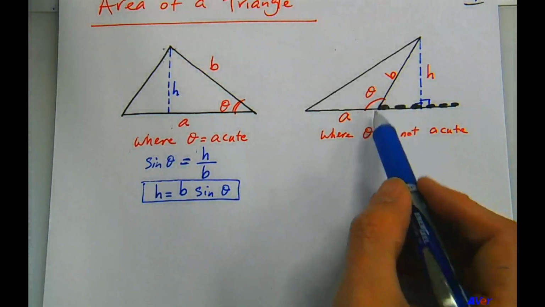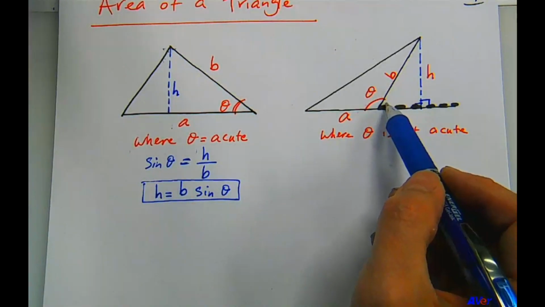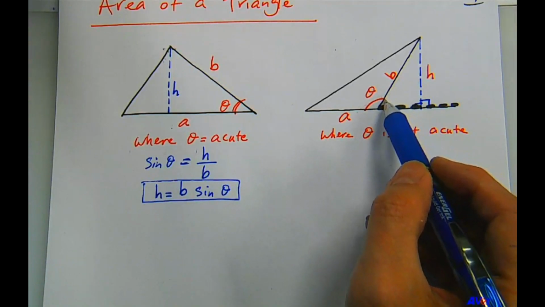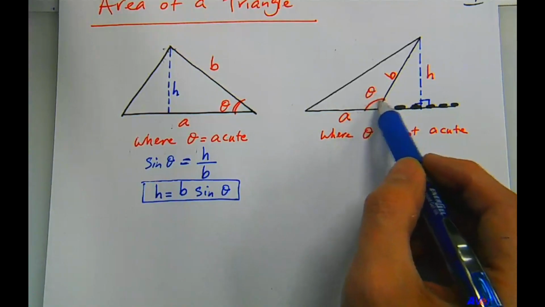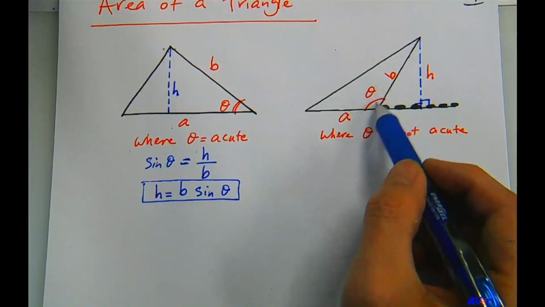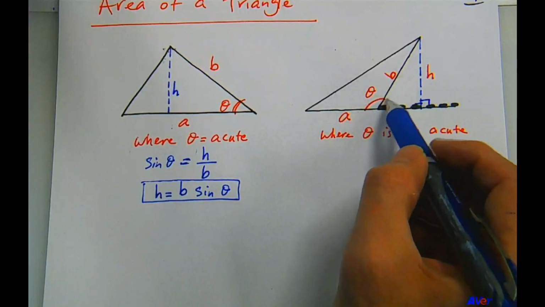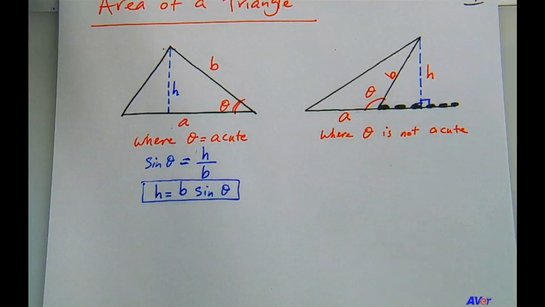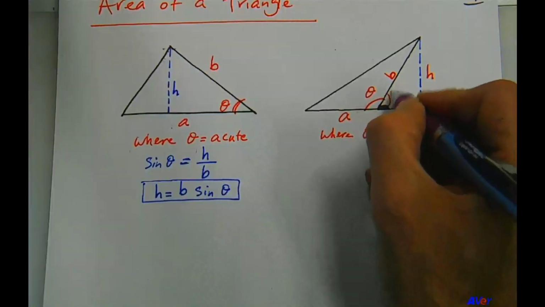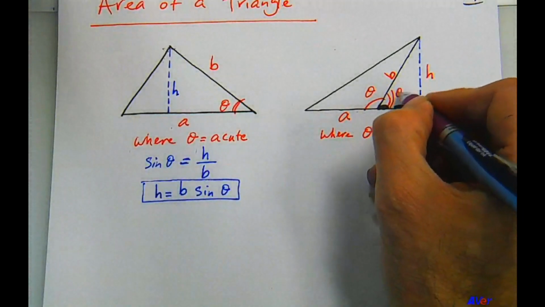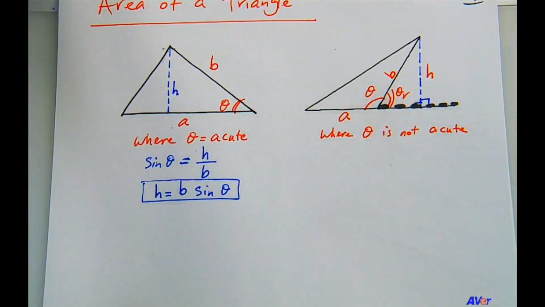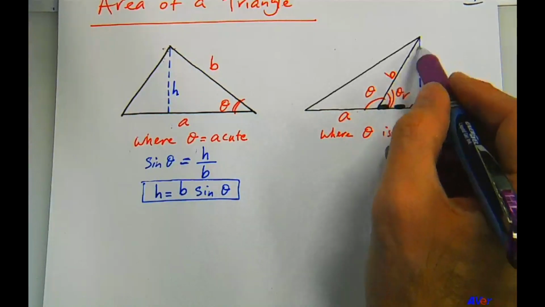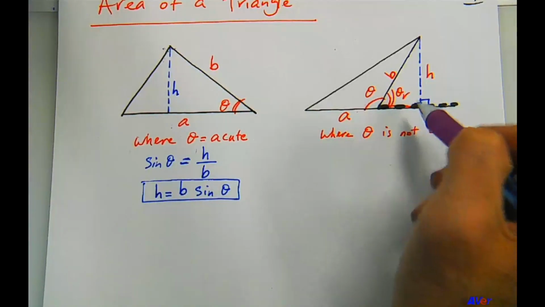So here though, we remembered from the reference angles, right? Remember the reference angles? So the sine of this theta would be equal to the sine of the reference angle here, the angle between the terminal side and the x-axis.